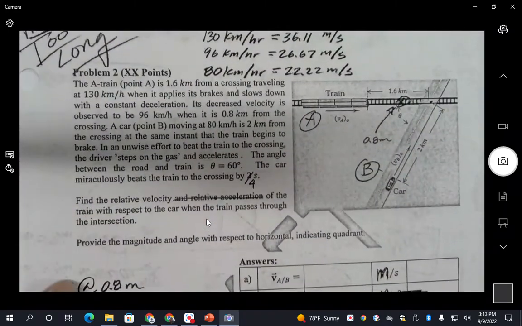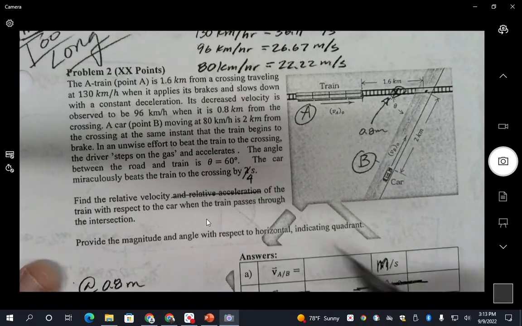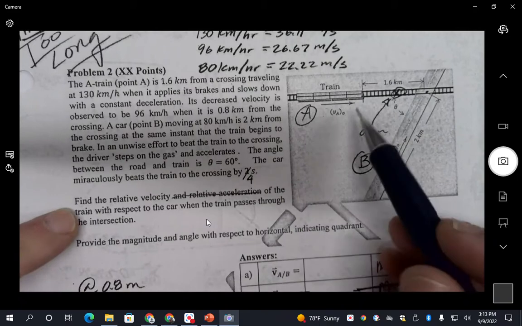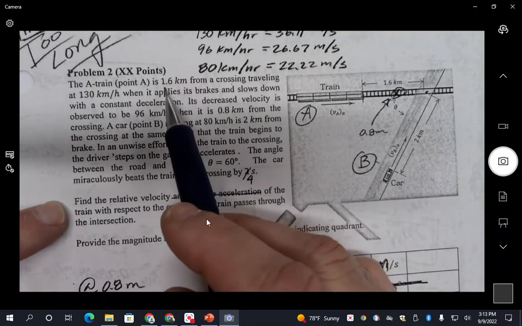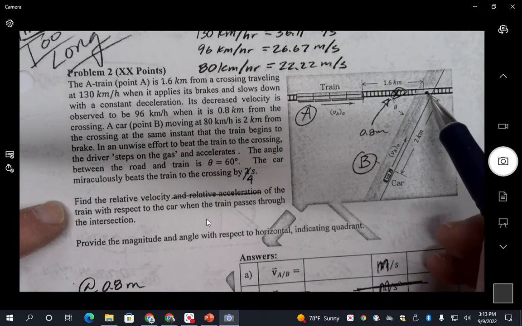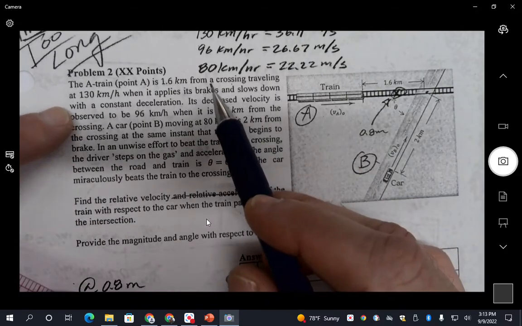Okay. So here's one to start with. We said we were going to do it, so let's do this one first, right? So we got this train, the A train, right here, and it's 1.6 kilometers from a crossing right there.